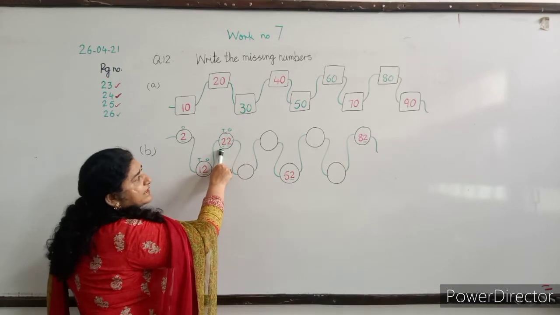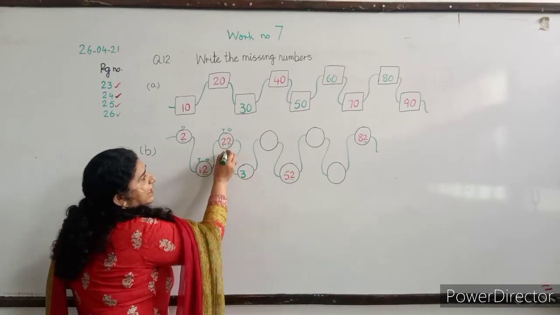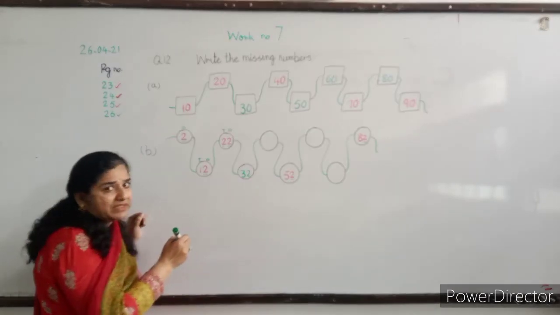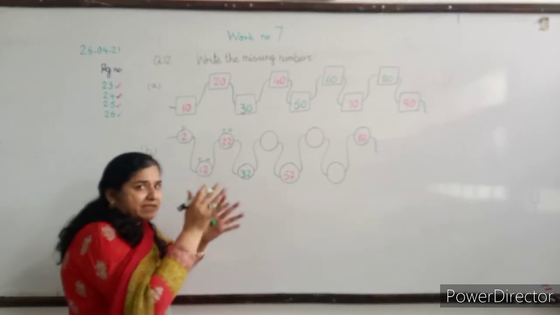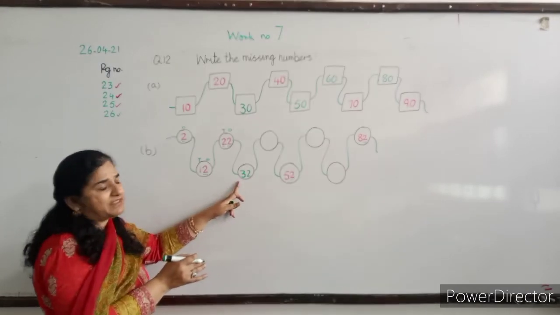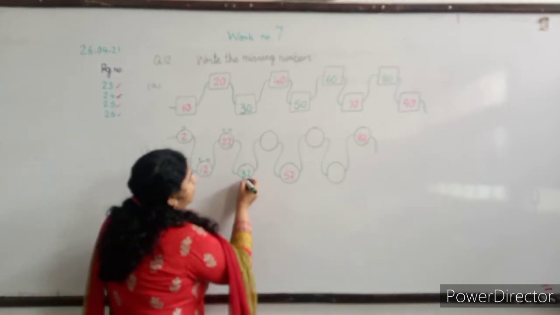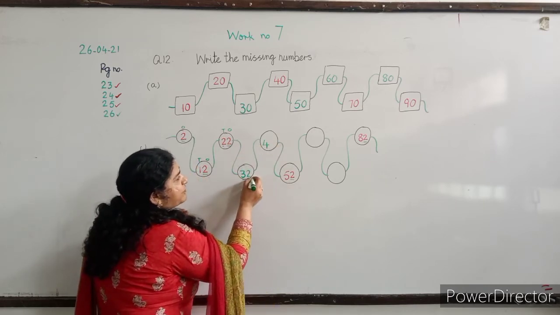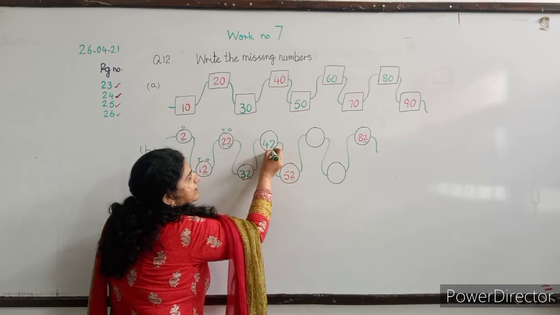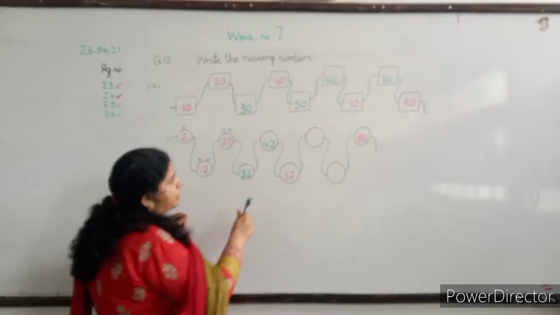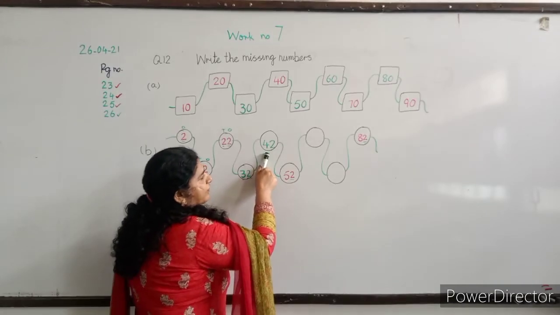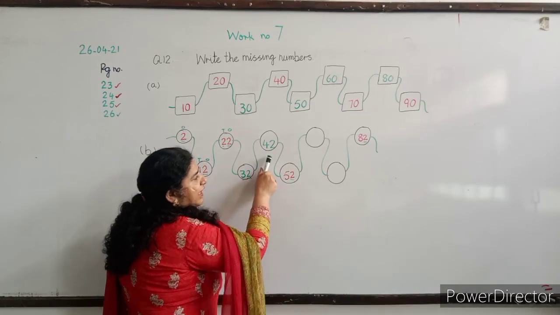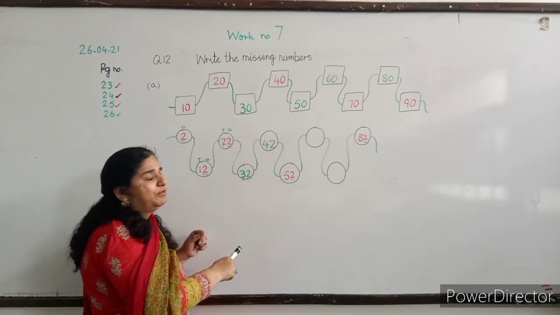What comes after 2 tens? 3 tens, and these ones will remain the same. 3 tens and 2 ones. Right? No need to count in tens. You will just change the tens because the ones are the same. Now, after 3 tens, what comes? 4 tens. And these ones will remain the same. 4 tens and 2 ones is 42. See, this is after 4, 5. So, it is right. And 2 ones is 2 ones. After 42, this is 52.